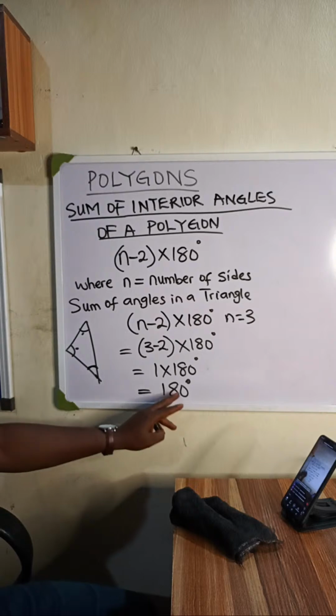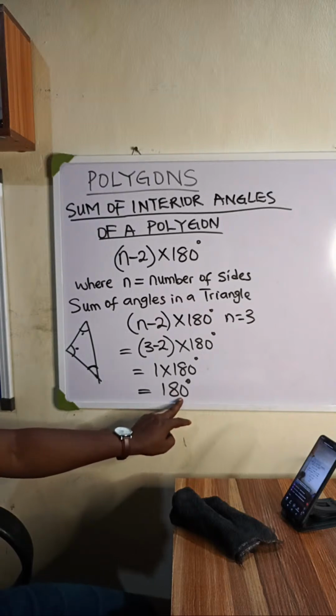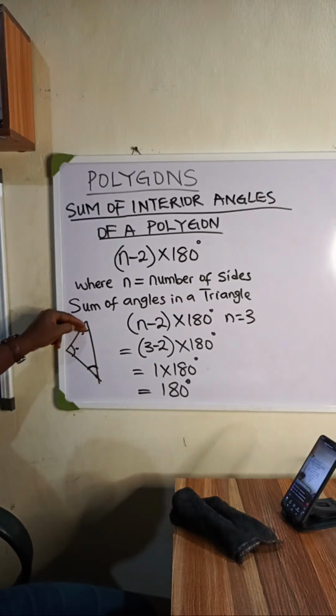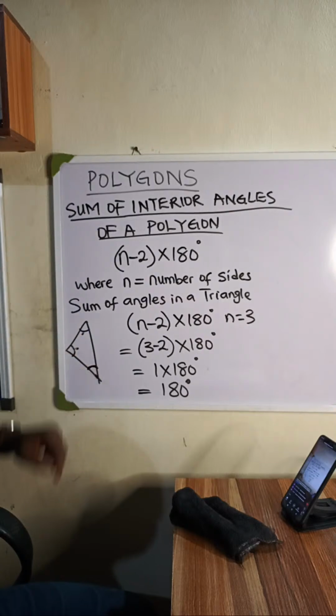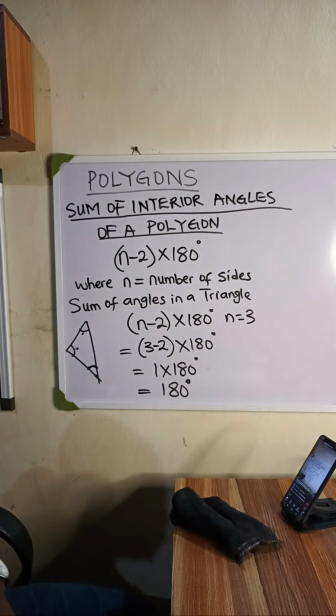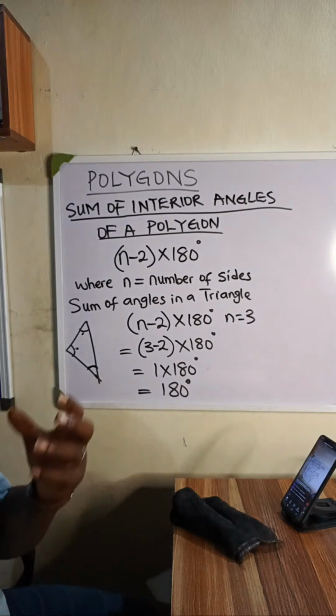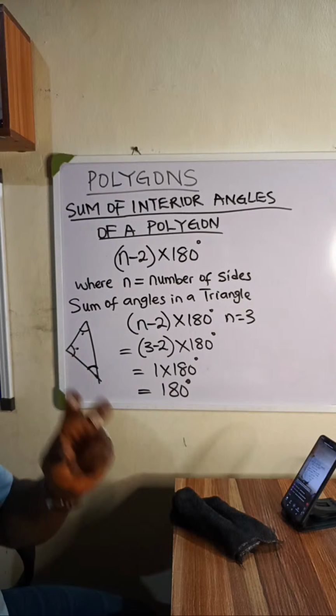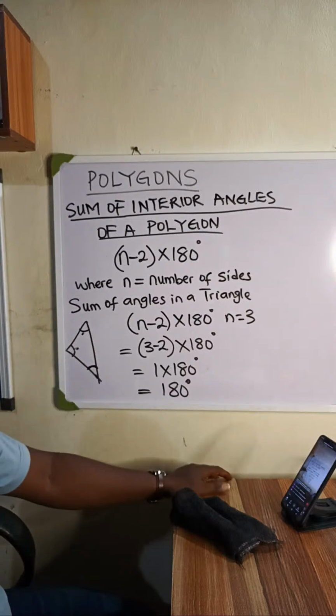Since you know that the sum of angles in a triangle is equal to 180 degrees, you can simply add these 2 angles together and subtract it from 180 degrees. And that will give you the angle you don't know. So that's the importance of knowing the sum of angles in a particular polygon.